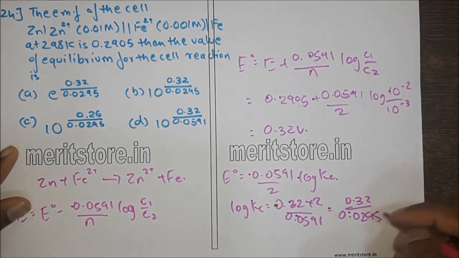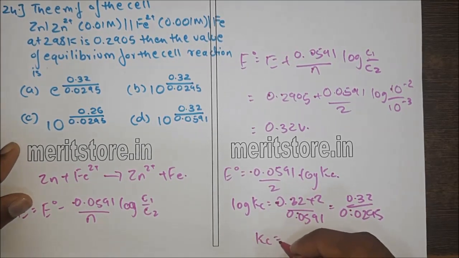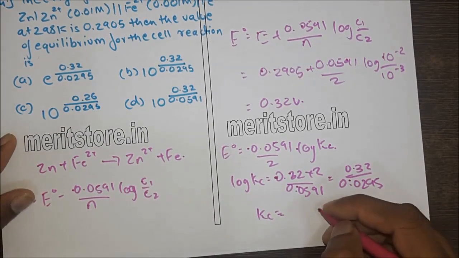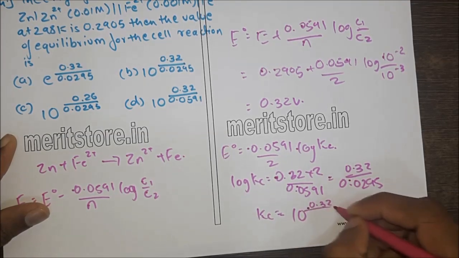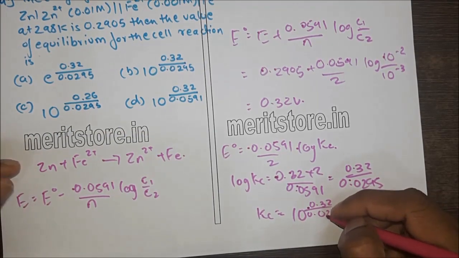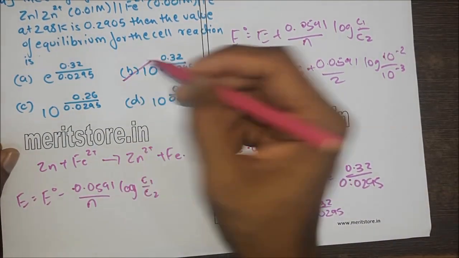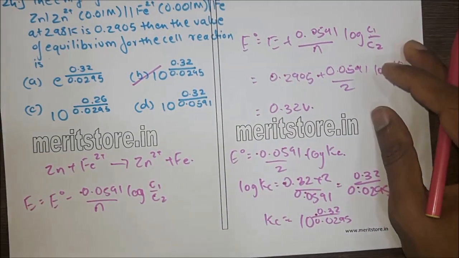Solving, we get Kc is equal to 10 raised to 0.32 upon 0.0295, which matches option B. Therefore, option B is the correct answer.